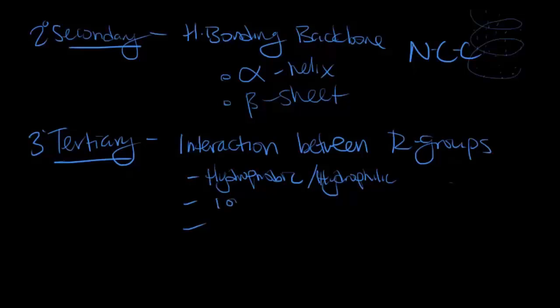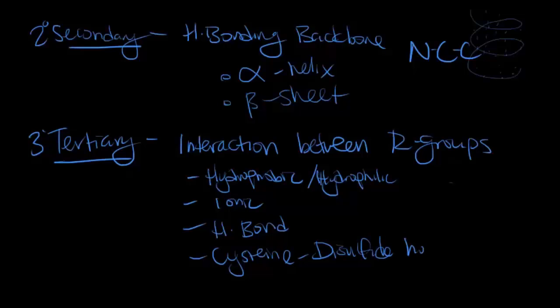It can be ionic. So if there's an acidic amino acid close to a basic one, the plus and minus will attract and form an ionic bond. We also have hydrogen bonding within the R groups. We also have cysteine making disulfide bonds. These determine the tertiary structure.